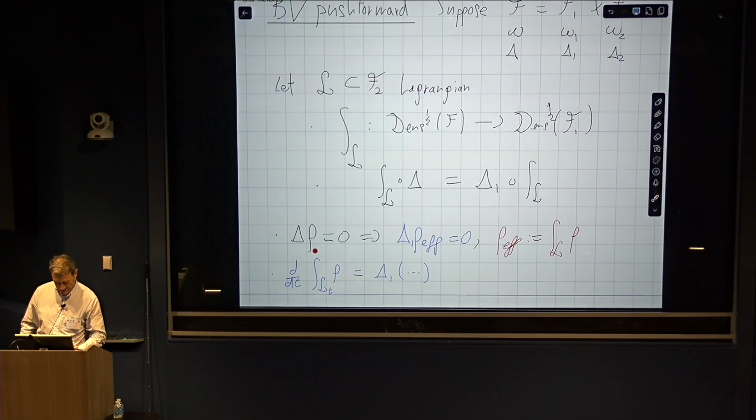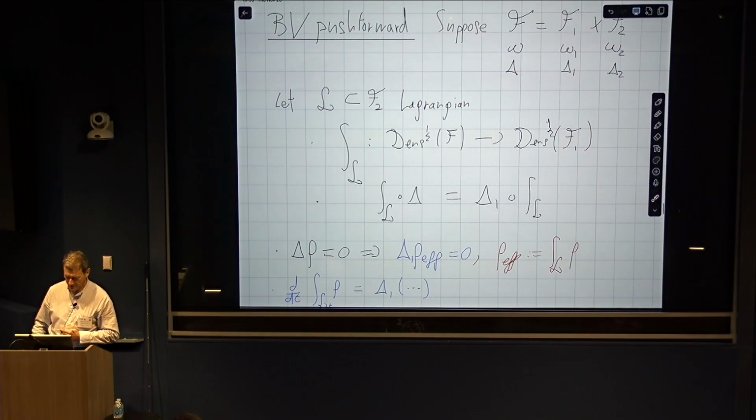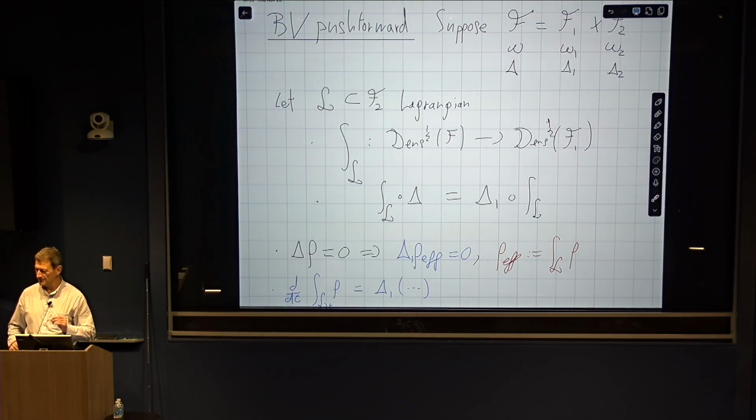The second observation is that you might want to deform the Lagrangian submanifold, and now it turns out that this is not zero, but you can show that it is delta exact. So now the idea is that you should think of the correct object in your BV theory to be delta-closed half densities modulo delta-exact ones, and this partial integration, which we call the BV push forward, is compatible with this.